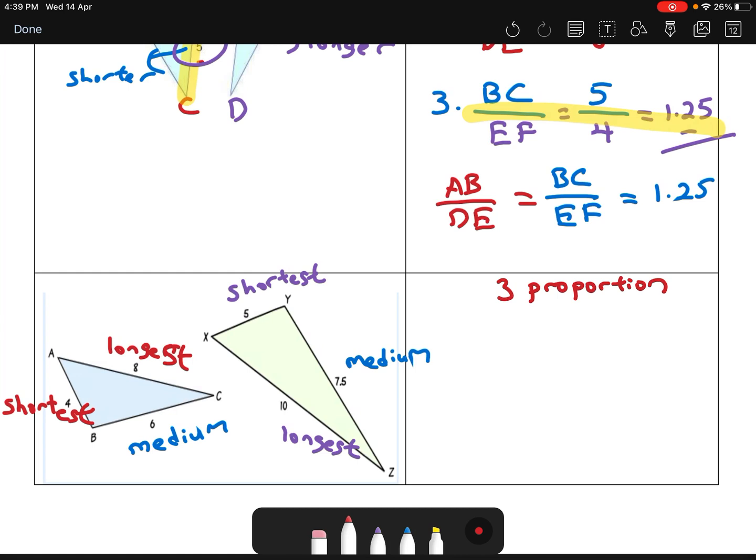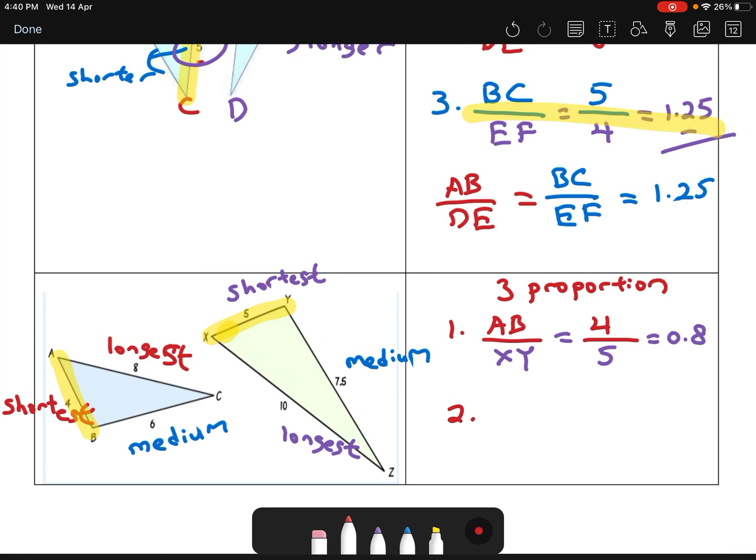Let's take a look. I compare my AB and XY first, because AB corresponds to XY, the shortest compared with the shortest. Number one, AB divided by XY. AB is about 4, XY is about 5, so the proportion is about 0.8.